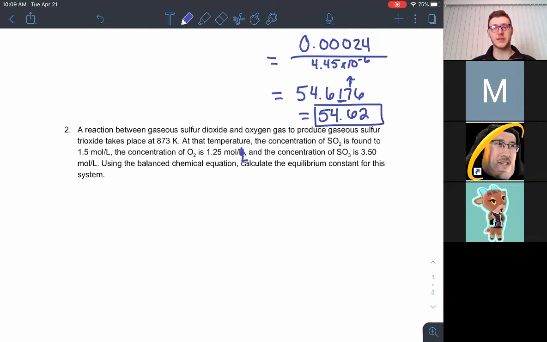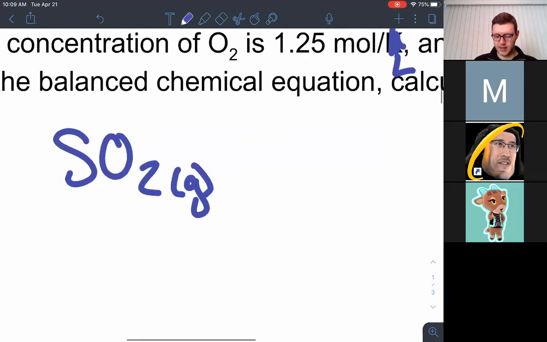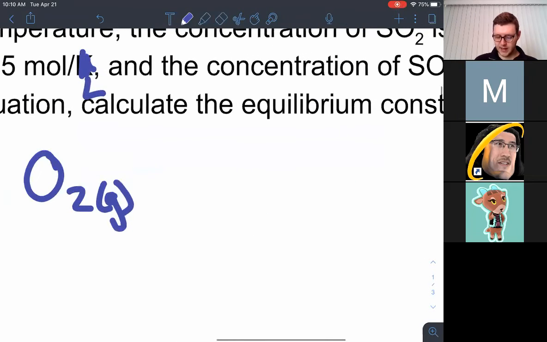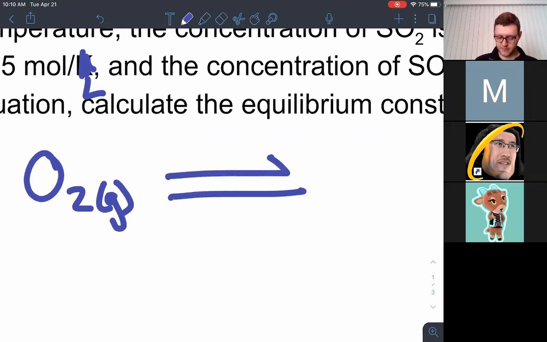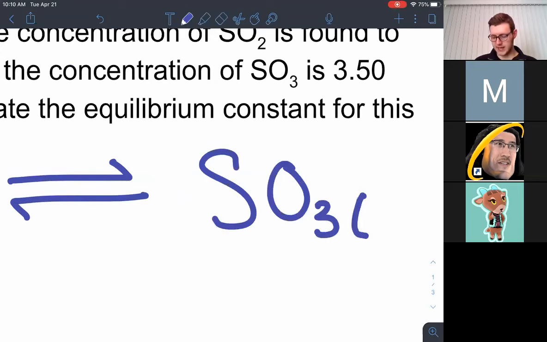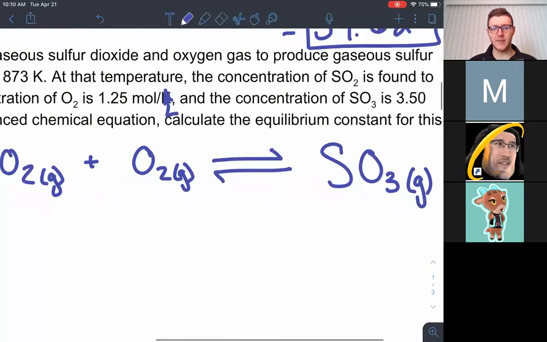So we have to write a balanced equation again. So sulfur dioxide, which is SO2, and it's gaseous, so we can put gas, plus oxygen gas in equilibrium with sulfur trioxide in gaseous form. So now we have to balance our equation. Is it already balanced?